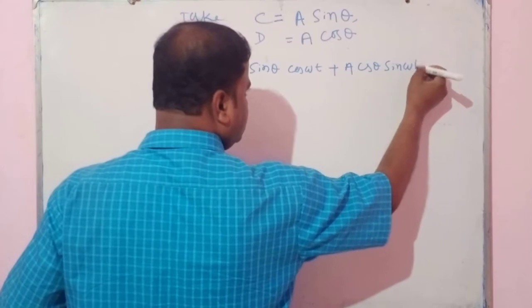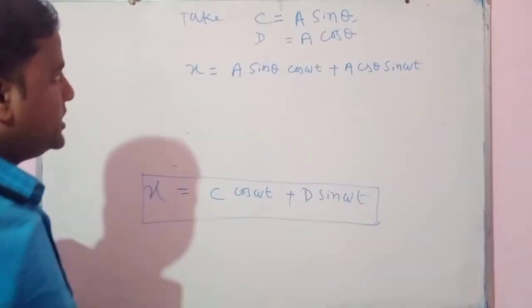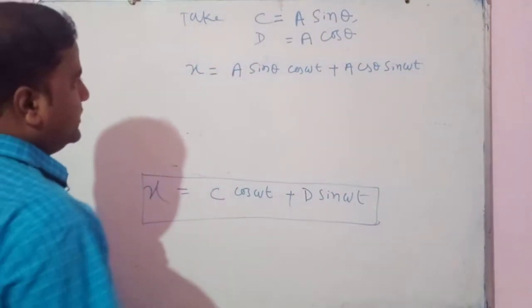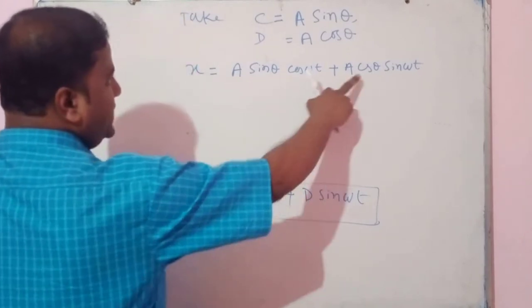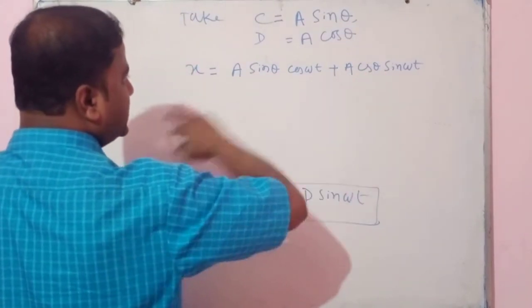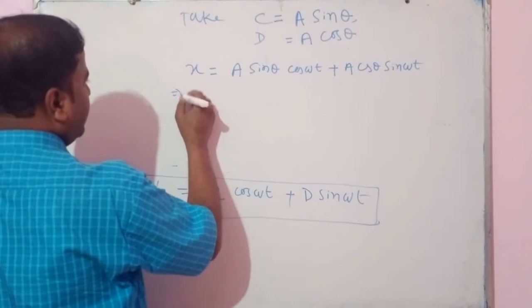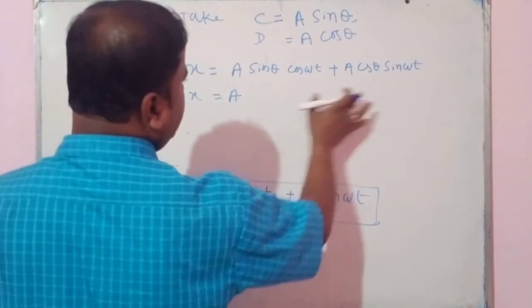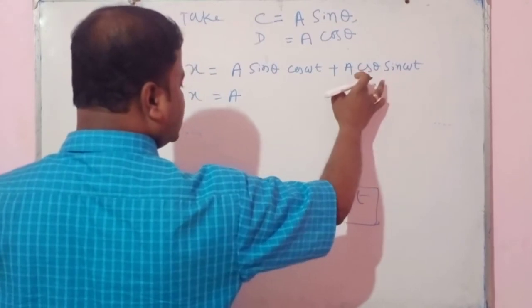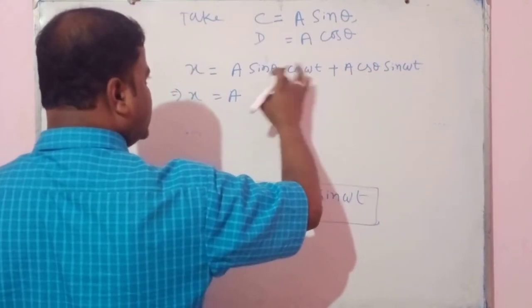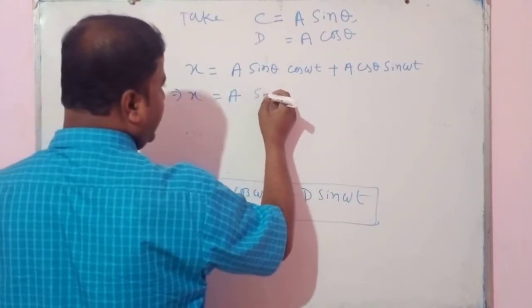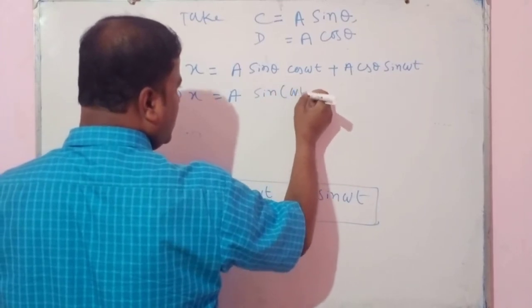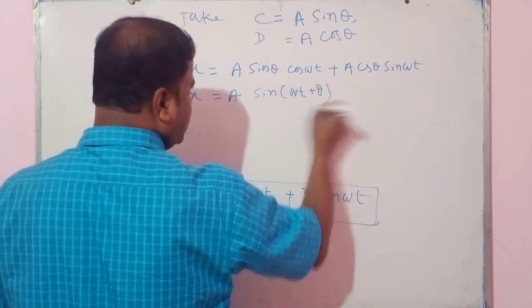It is a trigonometric formula sin A cos B plus cos A sin B. If we take A outside, then we get sin omega t cos theta plus cos omega t sin theta, and we get sin omega t plus theta.